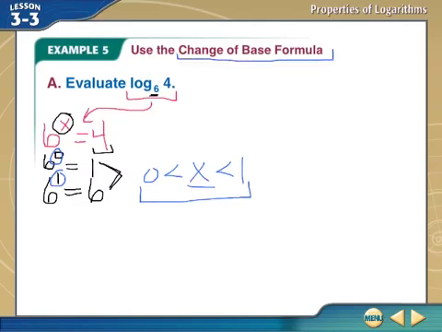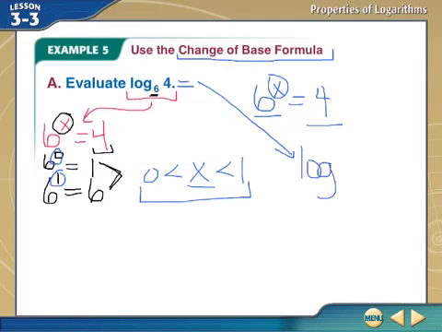When we want to evaluate log base 6 of 4, we could say 6 to what power equals 4. Now, by the change of base idea, we could take the logarithm of both sides of the equation.